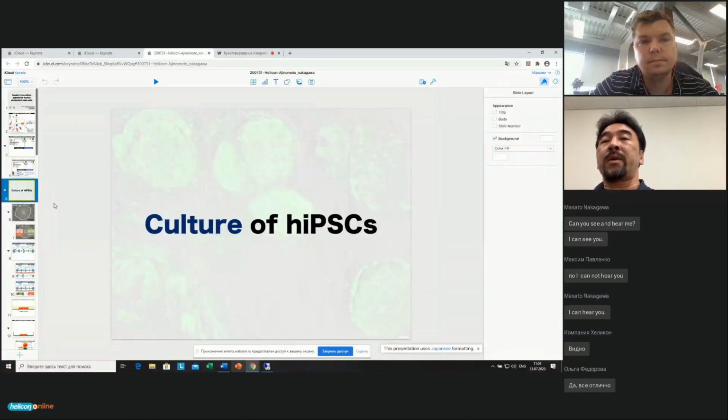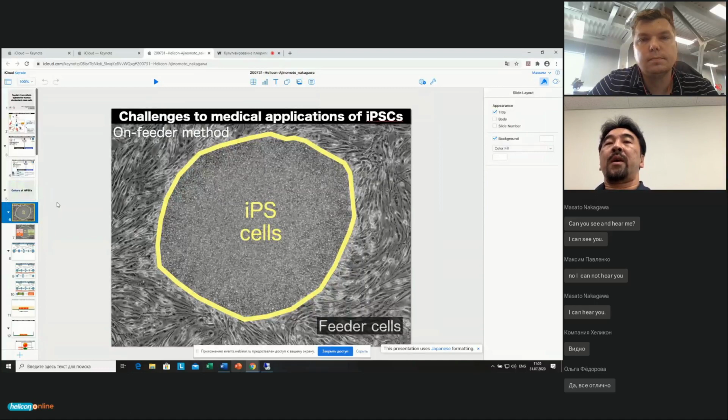So we talk about the culture system of the human iPS cells and human pluripotent stem cells. Next slide, please. So this is a photo of iPS cells. The area in yellow is an iPS cell colony.